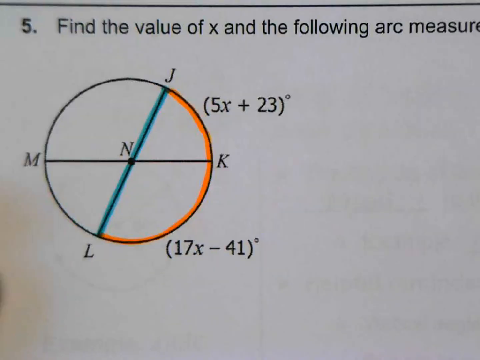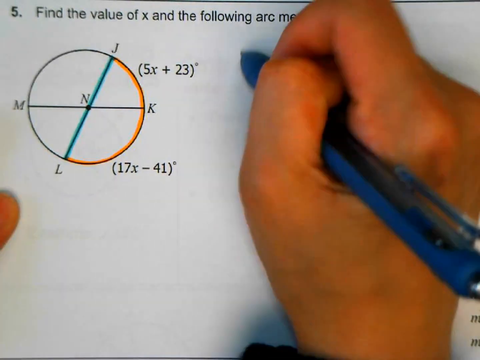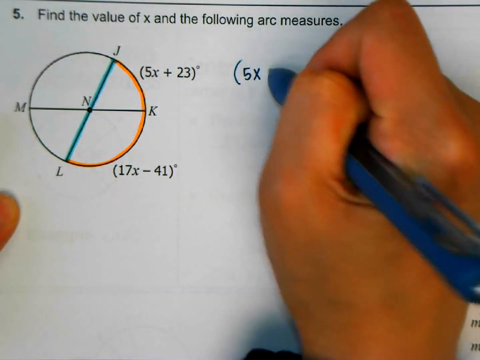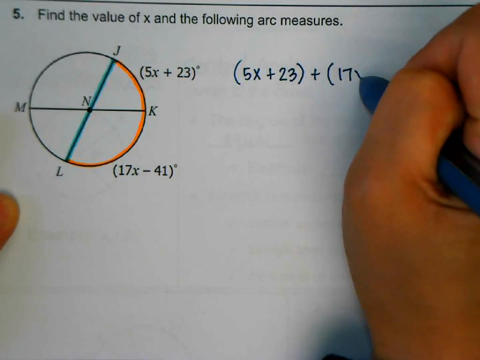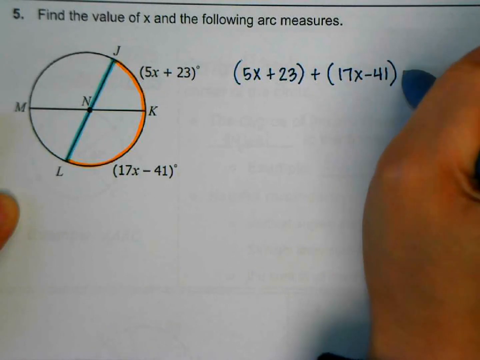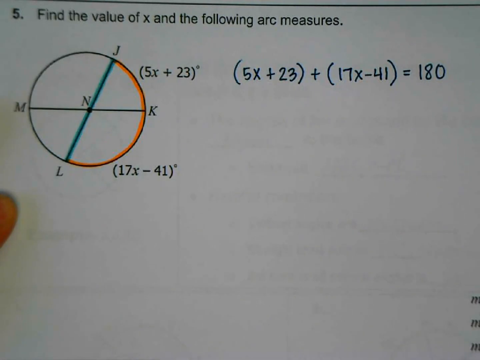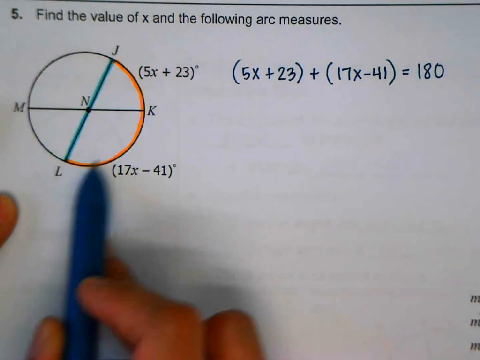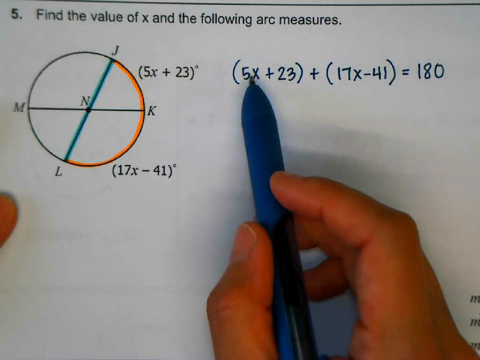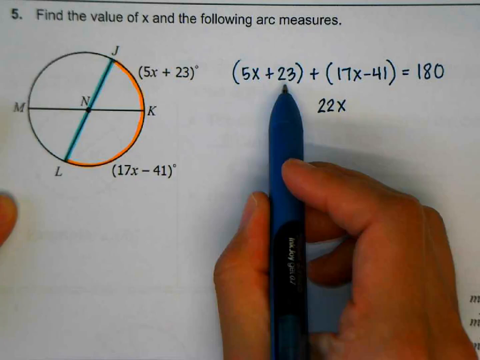So I'm going to do 5x plus 23 plus 17x minus 41 and set it equal to 180 degrees because they are a semicircle together. 5 plus 17 is 22x. 23 minus 41 is negative 18.